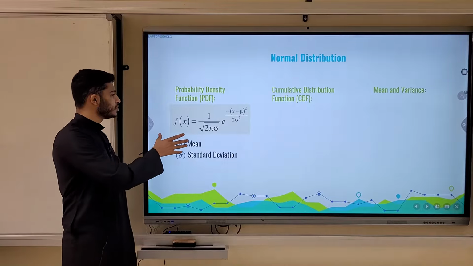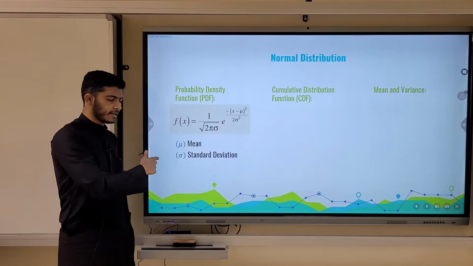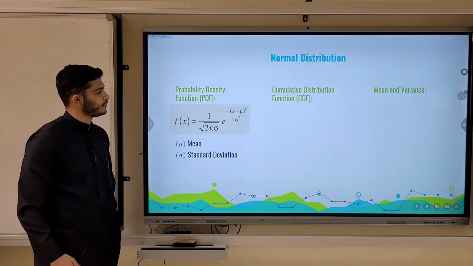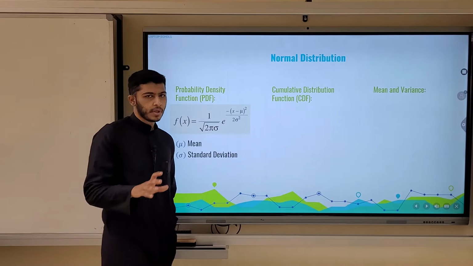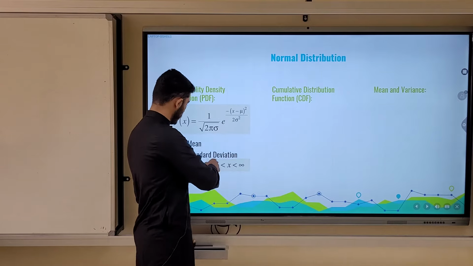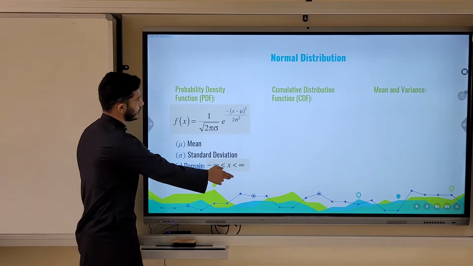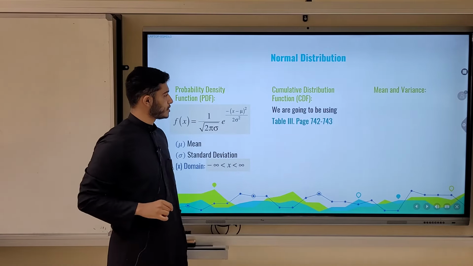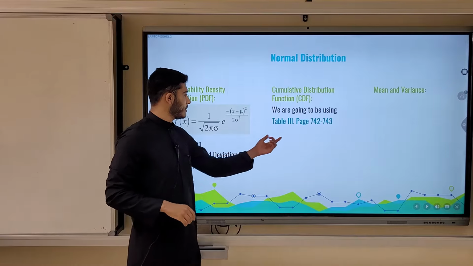However, since we're not going to be integrating this one or dealing with it whatsoever, how are we going to solve it? Well, of course, using the cumulative distribution function, right? Kinda. We don't actually have a function. We have a table. Okay, by the way, the domain of x, I forgot it, I'm sorry. We're going to have a table to solve the normal distribution, where the table is going to be at these pages.